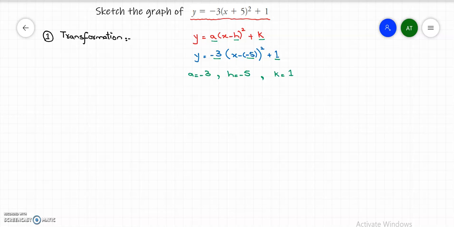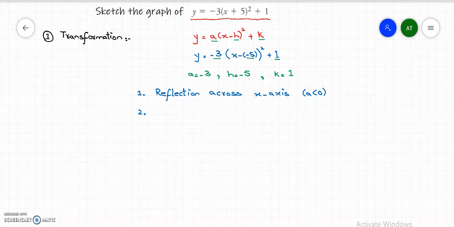Okay, a deals with vertical stretch, vertical compression and a reflection, right? So let me write down the first transformation. Since the a value is negative, we have a reflection across the x-axis. So when a is negative, we have a reflection across the x-axis. That is the first transformation.